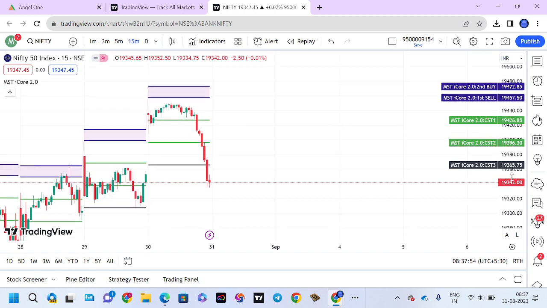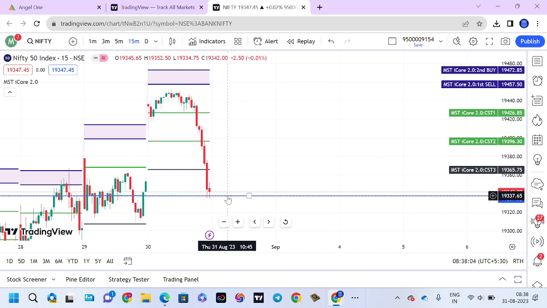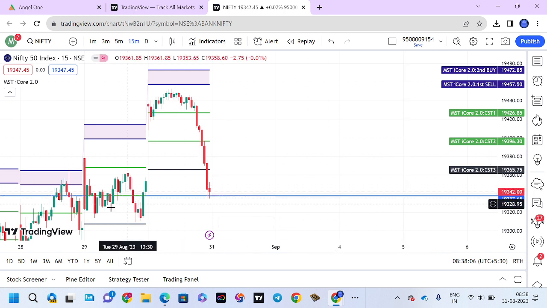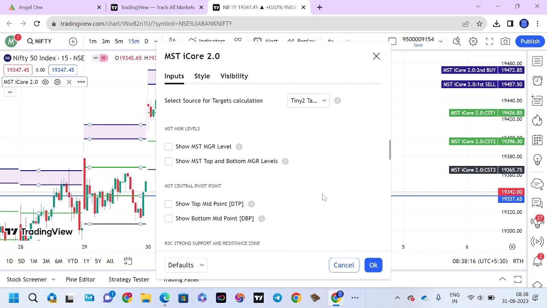Earlier, we could enable one more target also here, but here it is not possible because of the restriction in Pine Script coding. So now what I am doing is just extending the previous day target. If you want to print the top midpoint, that is also available here. Go here and enable top midpoint, where it is DTP.